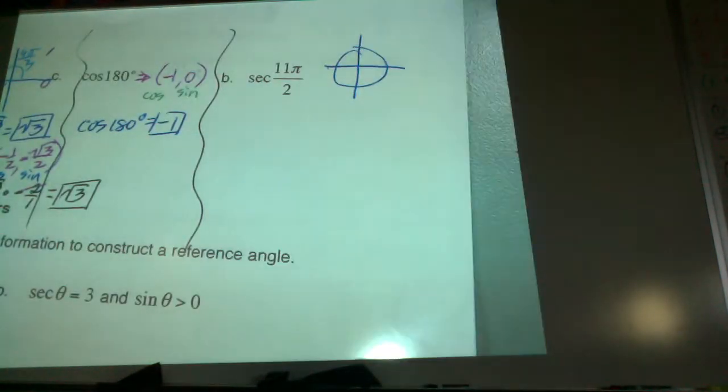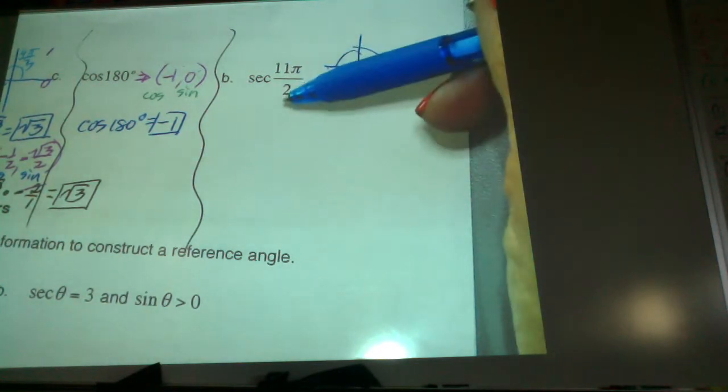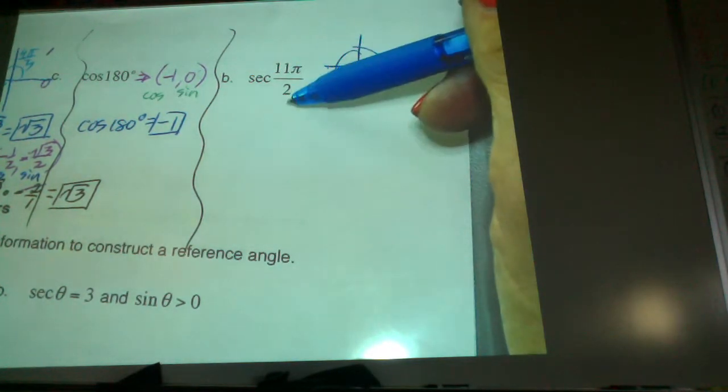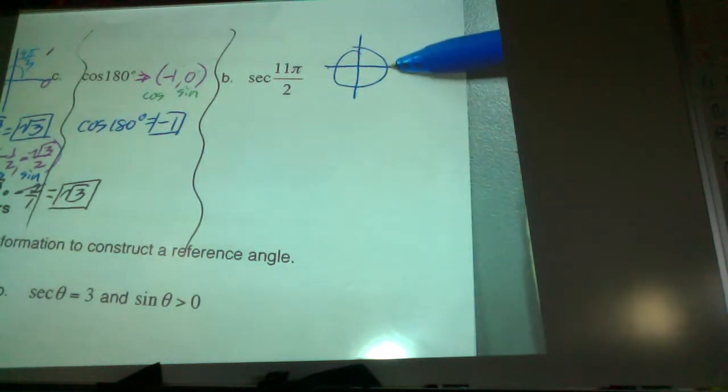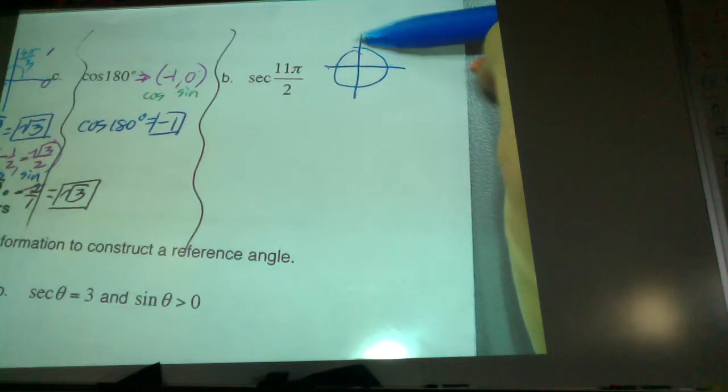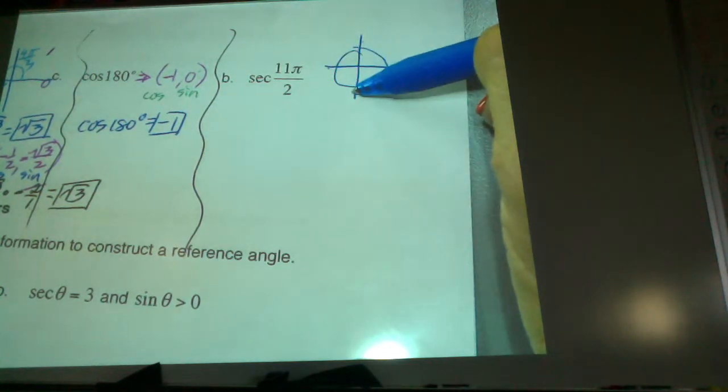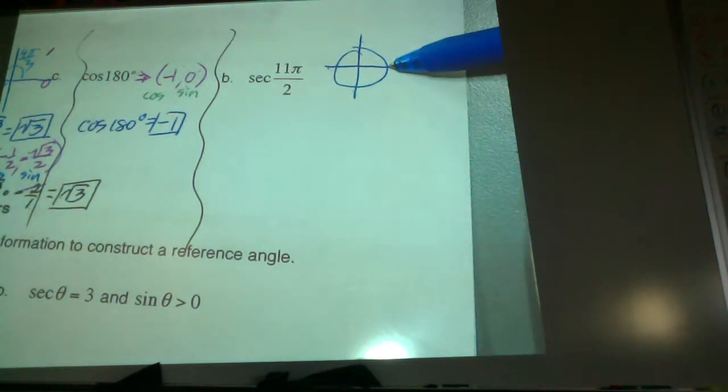And I can count half pies. I need 11 half pies. So wouldn't this be 1, 2, 3, 4, because each of those are half pies, aren't they? Agreed? No. From here to here is a pie.